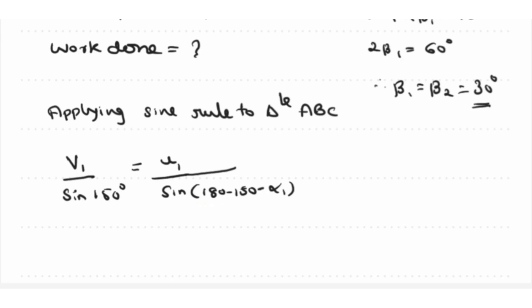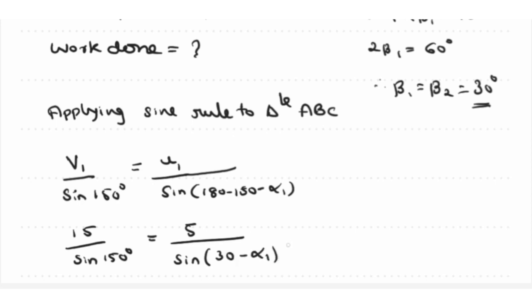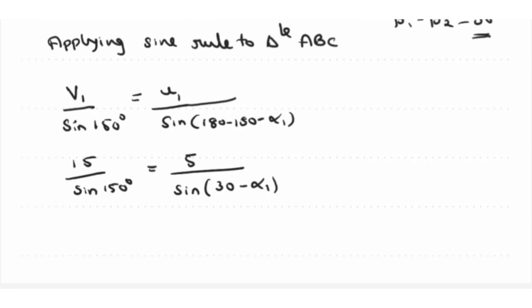V1 is equal to 15 meter per second, sine of 150 degree is equal to U1 is 5 meter per second, sine 180 minus 150 is 30 degree minus alpha 1. So you have to solve this.